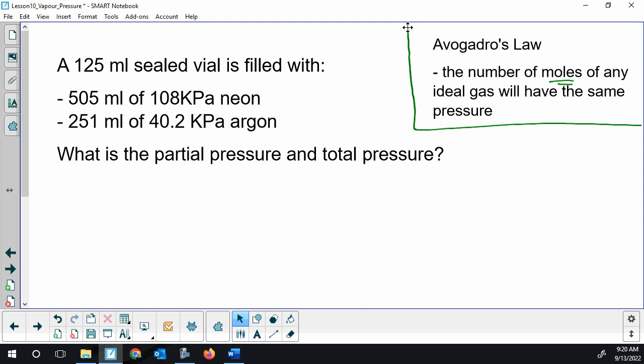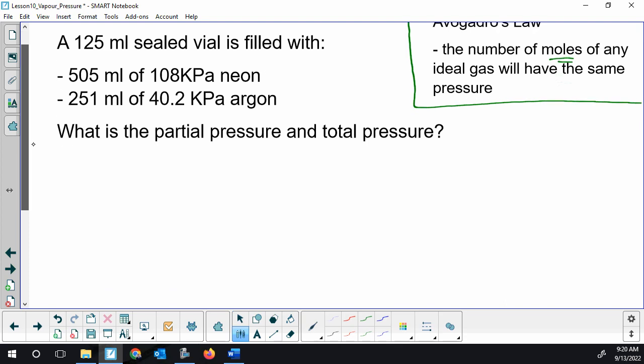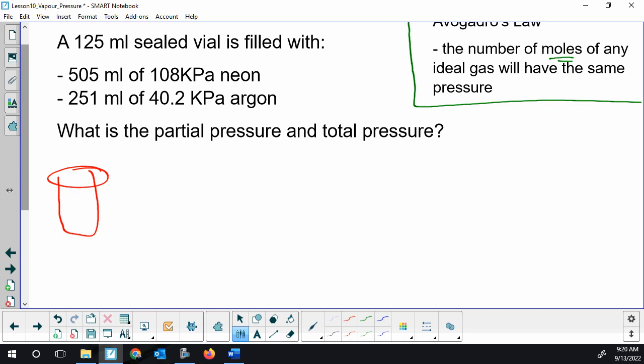So I'm going to draw my visual while you finish writing. We have a smaller vial. We're going to put in neon. We're going to put in argon.